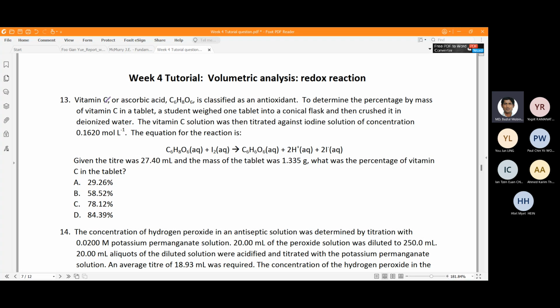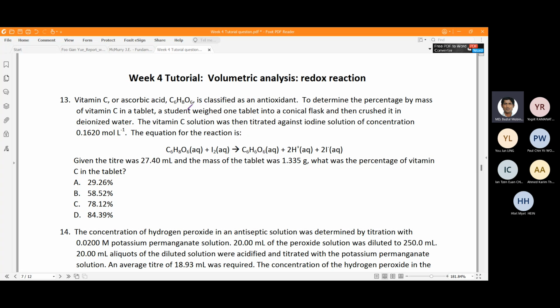Question number 13. Vitamin C, or ascorbic acid, C6H8O6, is classified as an antioxidant. And that is why we should take vitamin C, citrus fruit as well, all types of lemons, and green veggies. They are antioxidants, very good for health.